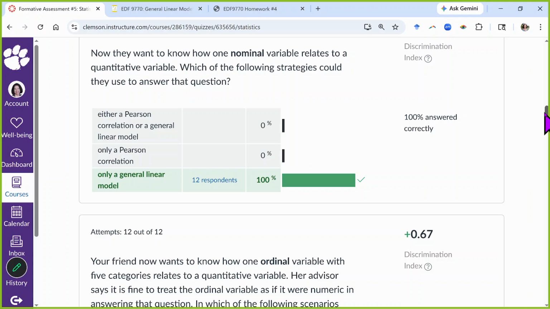So if I were to enter a nominal predictor, let's say that's coded 1, 2, 3, 4 for different groups, into a correlation analysis with a quantitative variable, would that make any kind of sense? Can you ask that again, please? I can try.